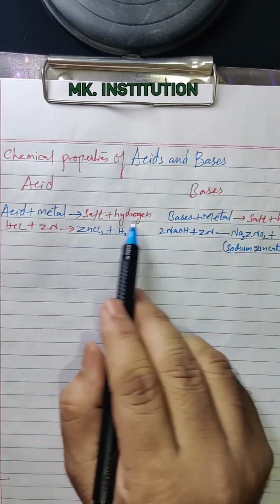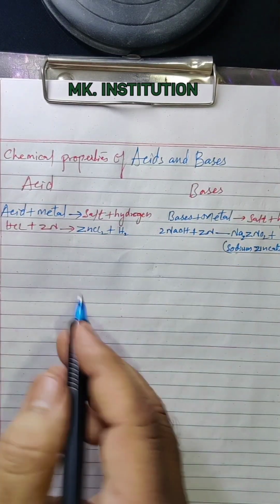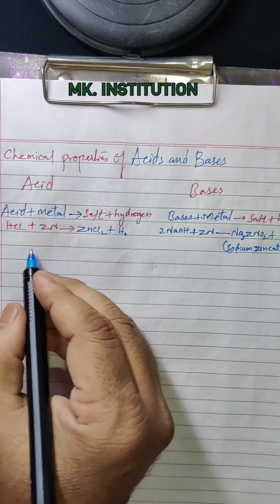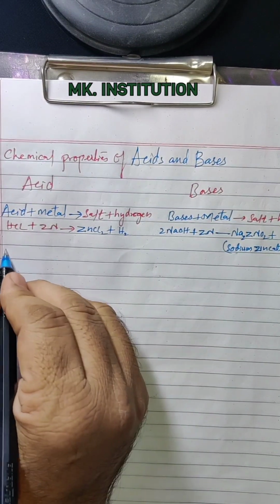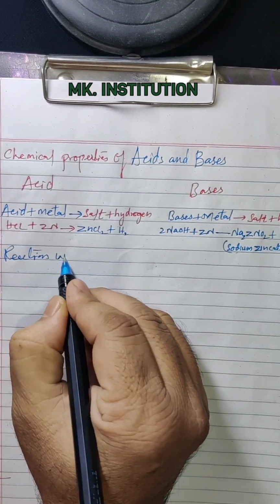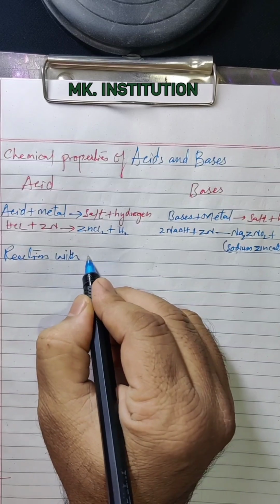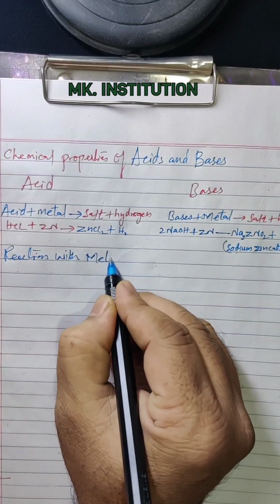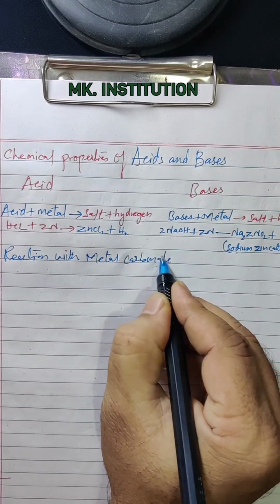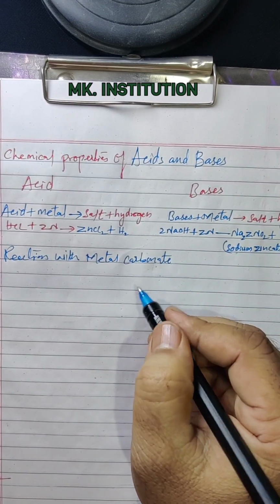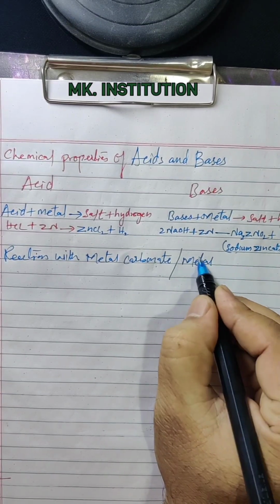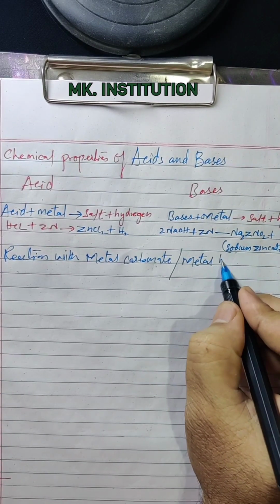So acids and bases, if they react with metals, salt and hydrogen is formed in both the reactions. Now the same reaction, with metal carbonate and metal hydrogen carbonate.